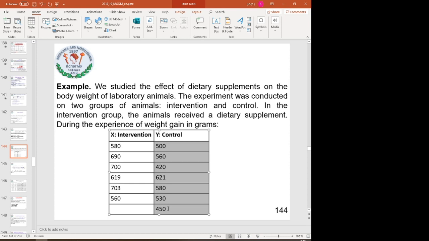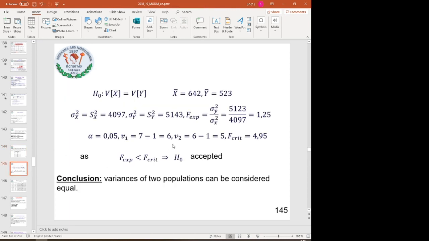It's less in its mean value, but it's bigger by the variance. And the second group will be our intervention group with bigger weights, and its variance is 4000.